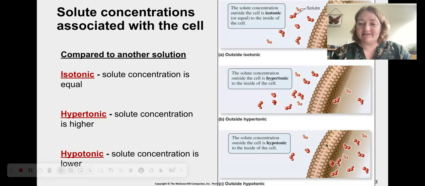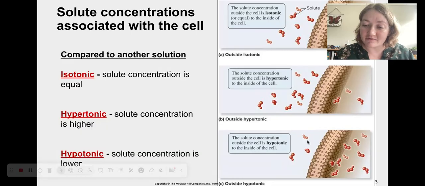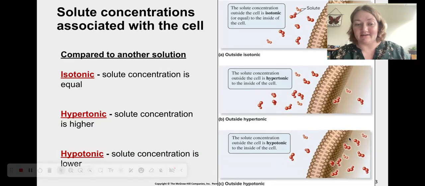Now, if I still look at this bottom image, I could look at it in a different way. I could say that the inside of the cell is hypertonic to the outside of the cell because the inside of the cell has a higher solute concentration.